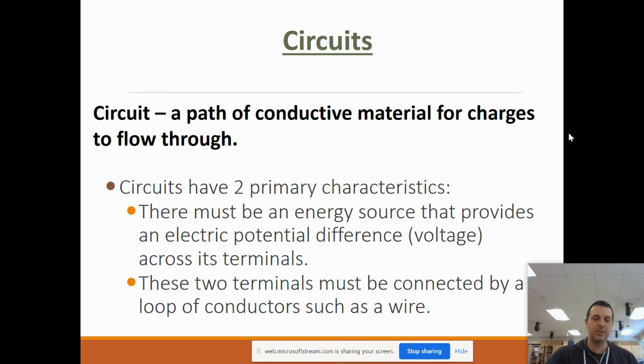So you always start your circuit with your voltage or power supply, and then you connect some conductive path between the two terminals of your power supply. That is a circuit. Anytime you have two terminals or two different points with a different electrical potential energy between them, that means they have a potential difference. If you connect the two points with some sort of conductive path, the charge will flow from one to the other and you have a circuit.